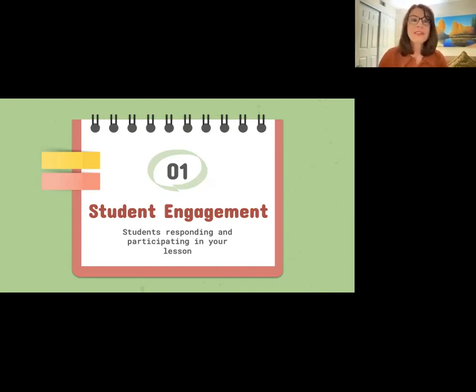So we have to be very intentional about thinking how can I do this differently, because it's easier to teach the way we were taught. Planning for ways to engage your students is very, very important. We want our students to be active in the learning and not just sitting and listening to us.